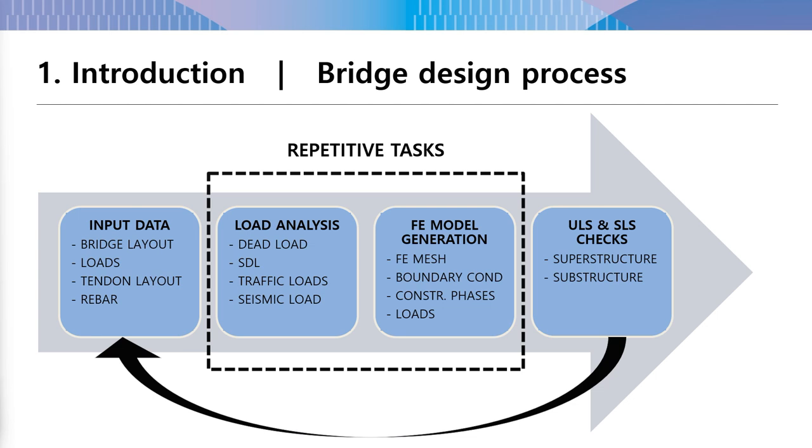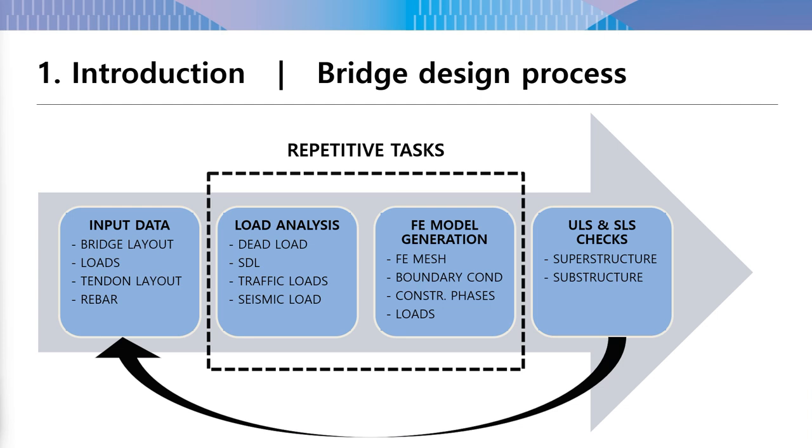SLS checks. Those ULS and SLS checks usually do not pass initially for our super and substructure, so we need to revert back to the initial step and modify our input data. We maybe need to modify our main girder cross-section dimensions or maybe our pier dimensions. Most certainly we will need to modify our tendon layout geometry, and maybe our rebar arrangement.